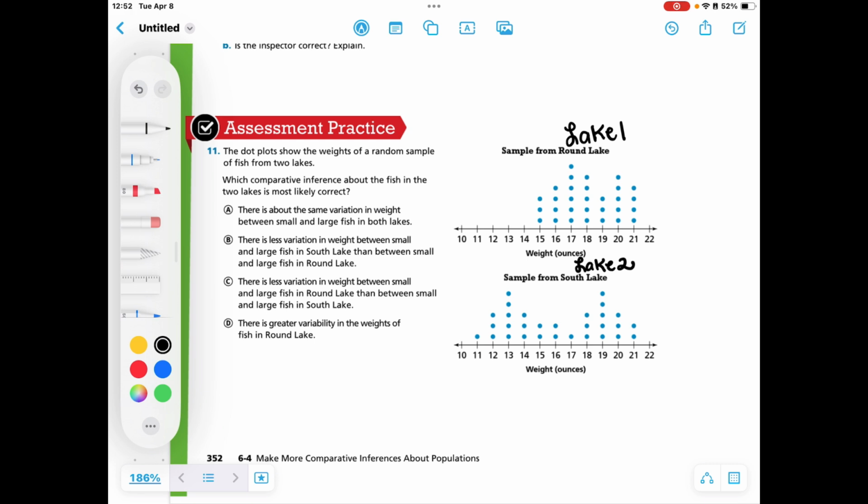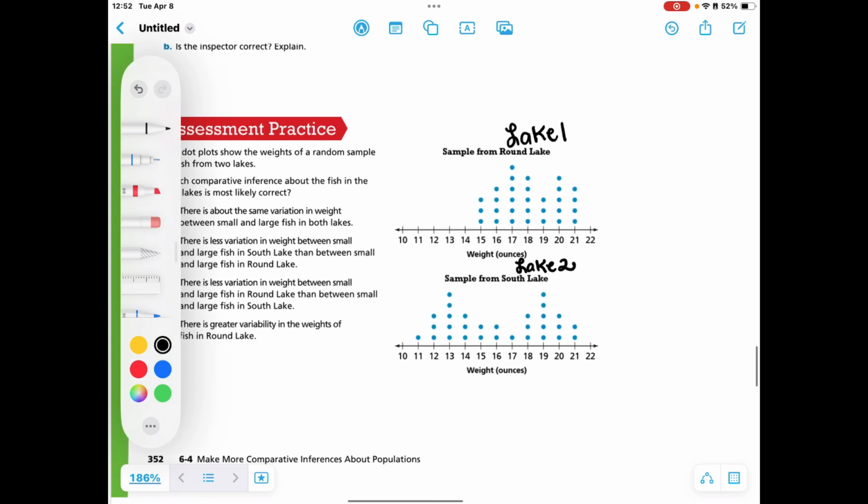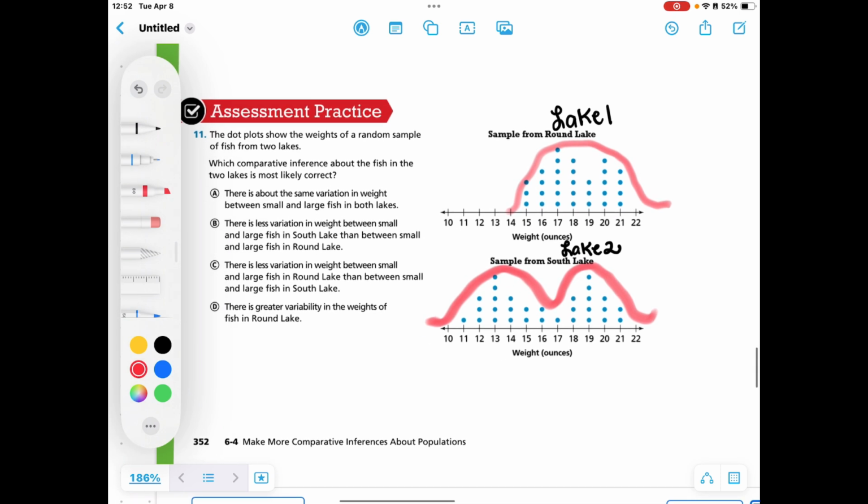So with these 2 lakes, we can look at the graphs first and notice that Round Lake, or Lake 1, has a pretty standard little curve here. Lake 2, on the other hand, we got 2 jumps. We don't just have 1 jump, we have 2 jumps going on here. So let's just look at these answer choices. A: There's about the same variation in weight between the small and large fish in both lakes. I wouldn't say that.